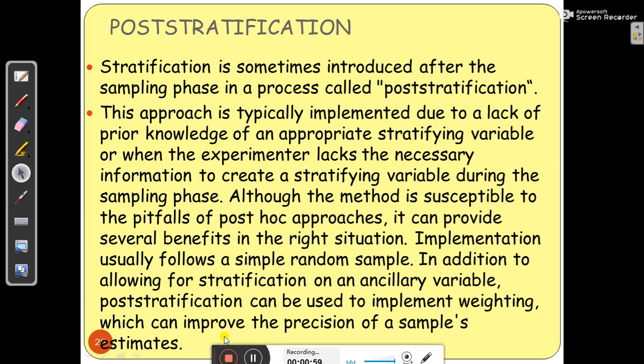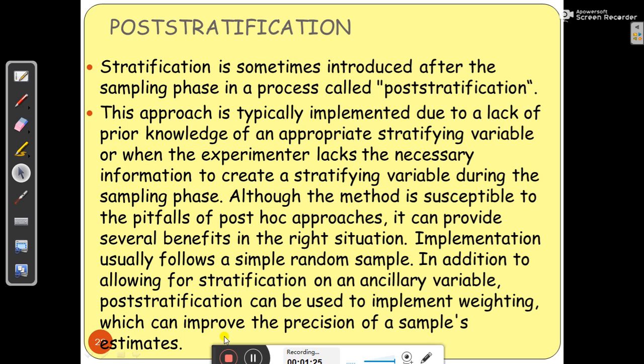If an experimenter or a researcher cannot create a stratifying variable or does not have any prior knowledge to create an appropriate stratifying variable, then post stratification is done.